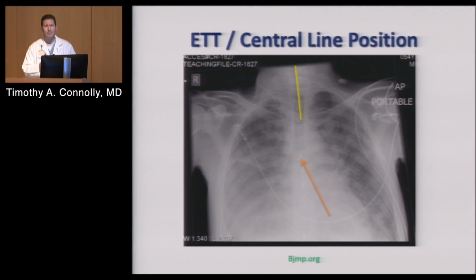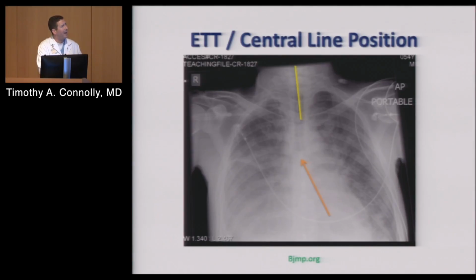That's the carina. Now, when you try to figure out if it's in decent position, there's a number of ways to look at it. A lot of people will say you want to be 3 to 5 centimeters above the carina. That's great if you can see the carina. Some say it needs to be between the clavicles. That's kind of the bare minimum.